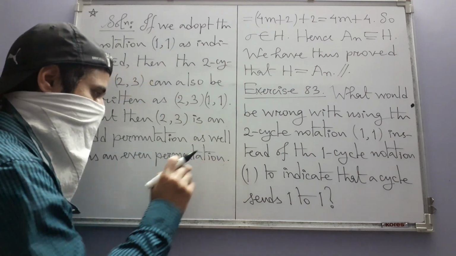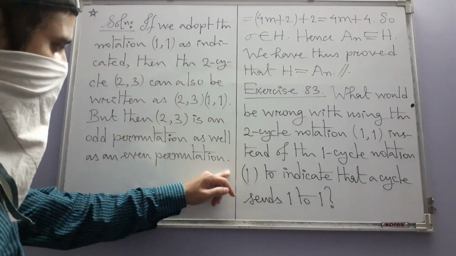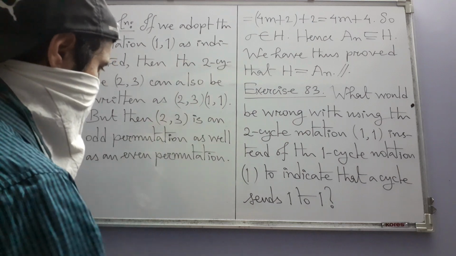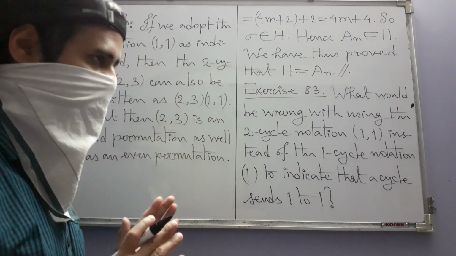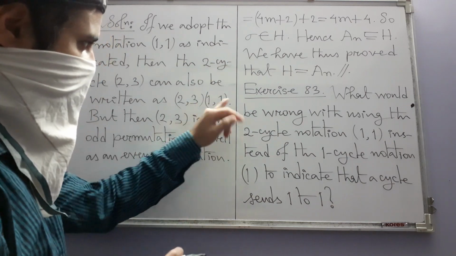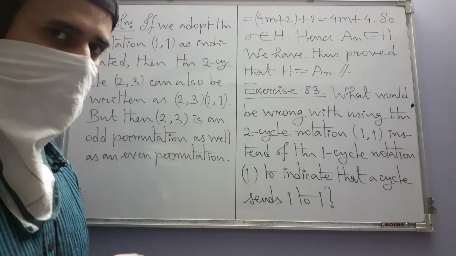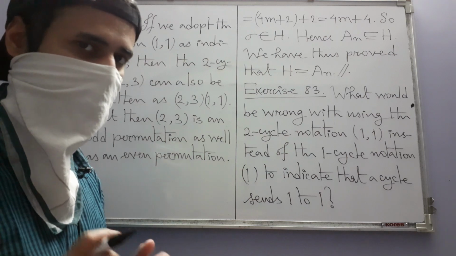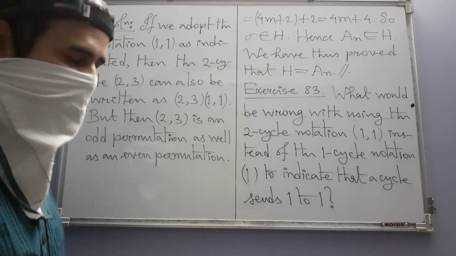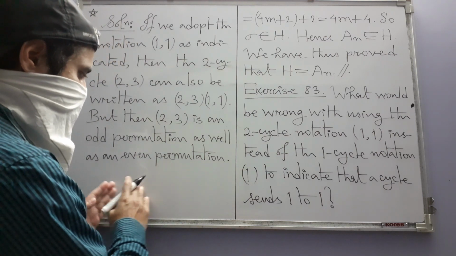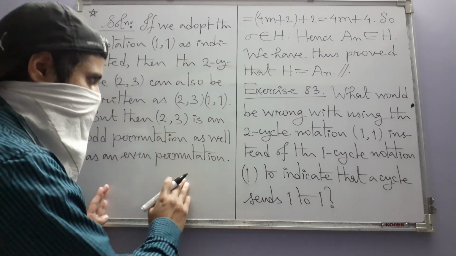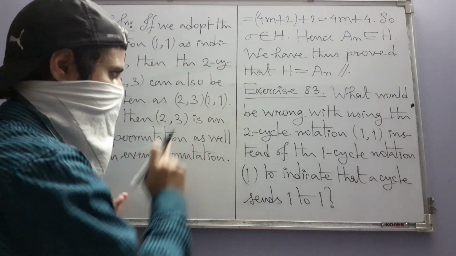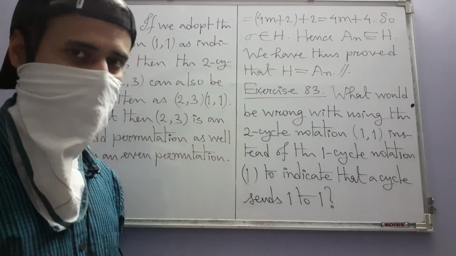And you can clearly see that this is not a case about just 2, 3. You take any permutation that keeps 1 fixed in your symmetric group Sn, whatever n may be, and you can then consider that permutation, write this extra 1, 1 alongside.